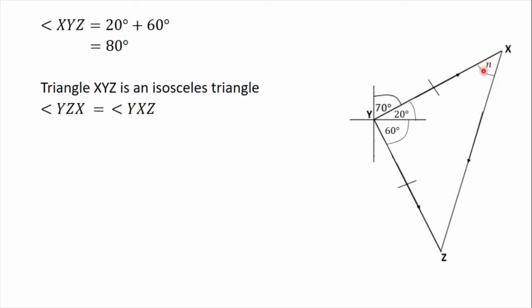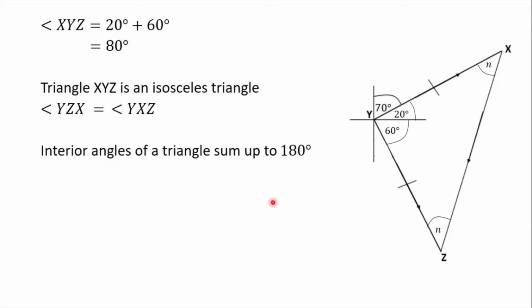So if here is N, here is also going to be N. Why angle YZX is equal to angle YXZ has been explained in the video on angle properties of triangles. If you watch that video, you will understand the properties of isosceles triangles, and you will see that the angle created here and the angle created here are the same. So if I call this one angle N, this one is also going to be angle N.